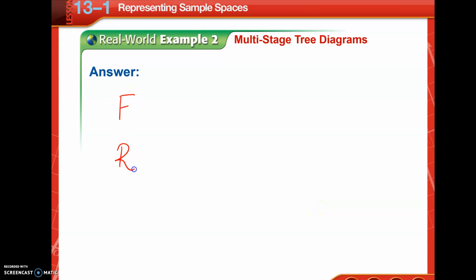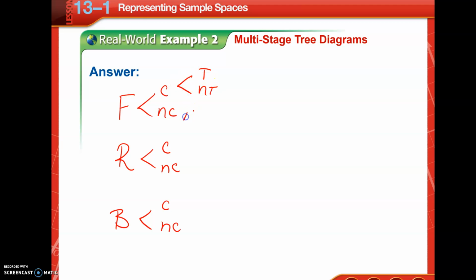It's French, ranch, or blue cheese, and then we have cheese or no cheese. And then each of those could have turkey or no turkey. And then each of those could have egg or no egg.